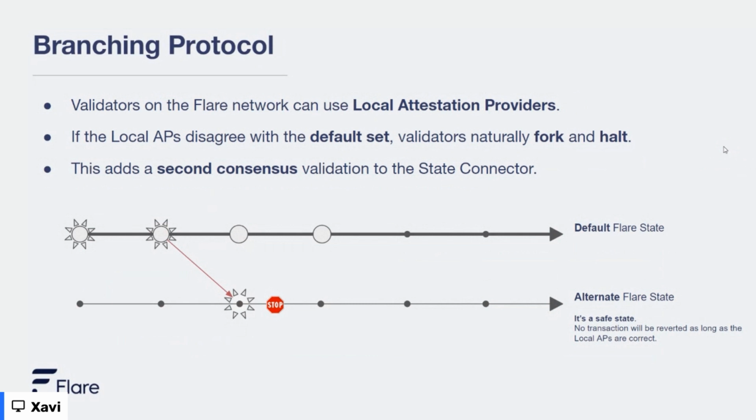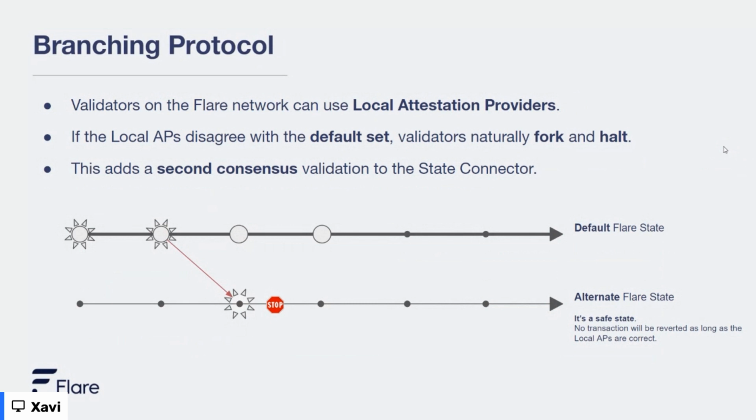Now, the state connector smart contract is made in such a way that if the local attestation providers disagree with the default set, they take no action. So when the state connector collects all the answers, if there's a disagreement with the local attestation providers, they will not give any answer. Obviously, this will naturally produce a fork in the network, and your validator will halt.